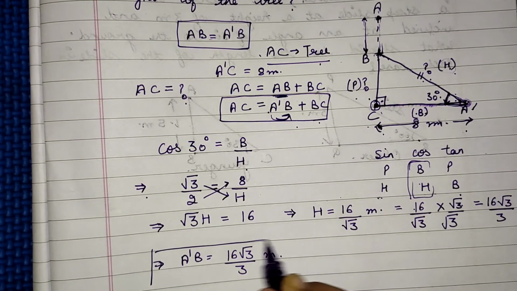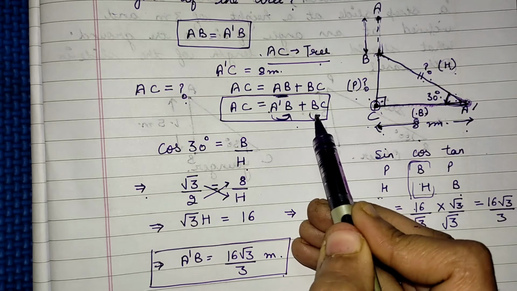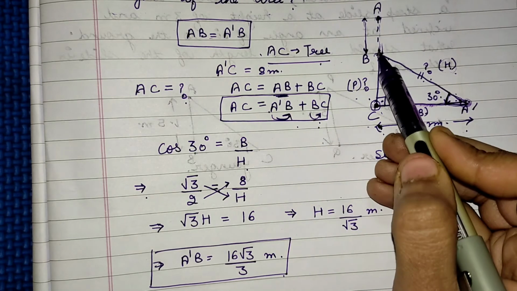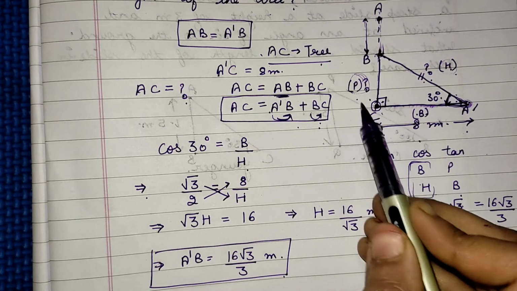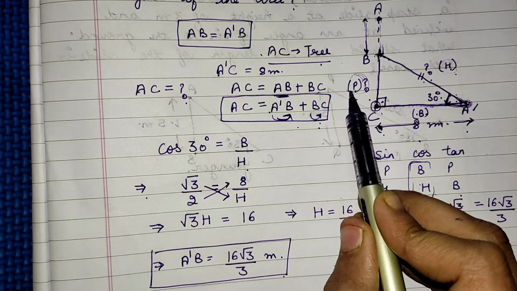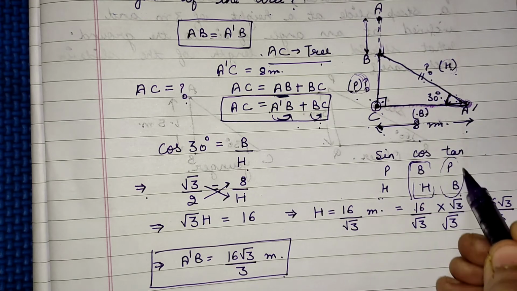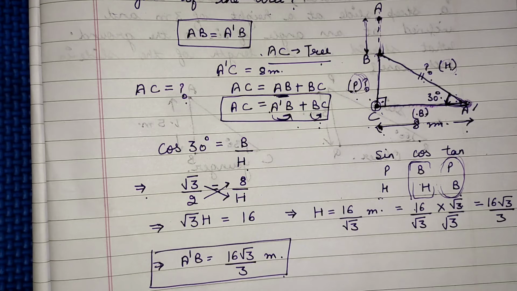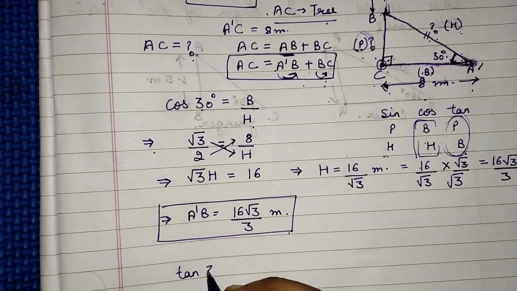Okay, so one is done, A dash B is done. Okay, next what I have to find out? I have to find out BC. BC is my perpendicular and I know that perpendicular I have to find out, and base is given to me equal to 8 meters. So which trigonometric ratio I can use? I can use tan 30.